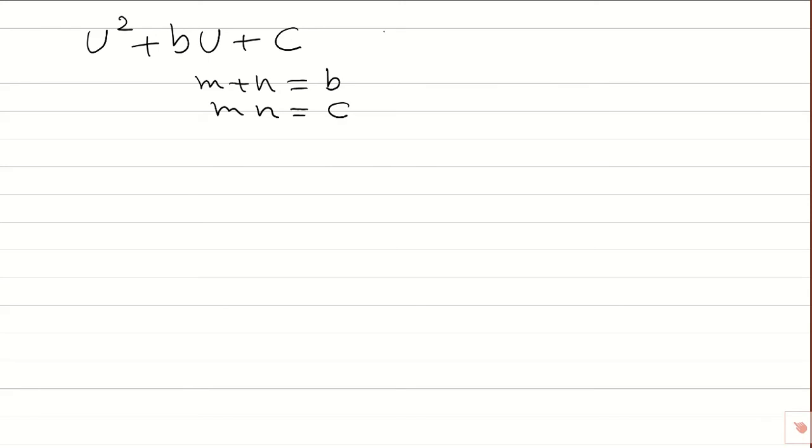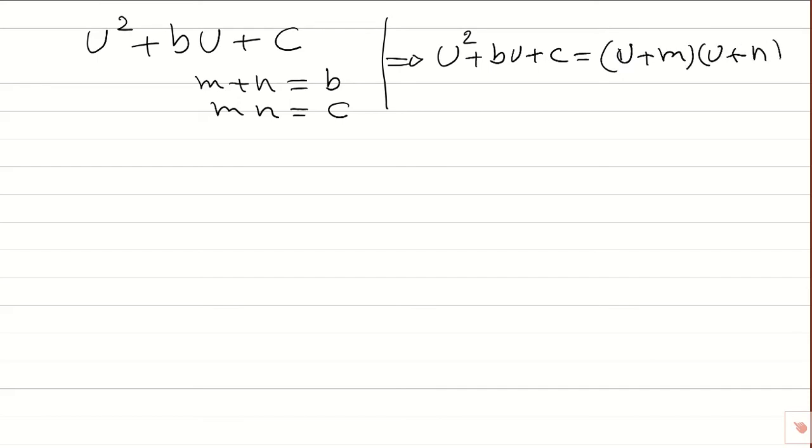Then you can write this quadratic u squared plus bu plus c as (u plus m)(u plus n).